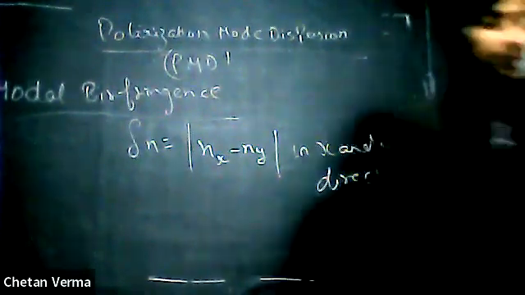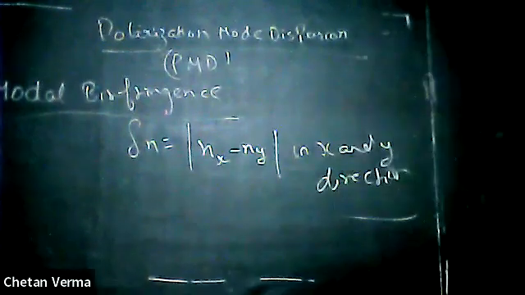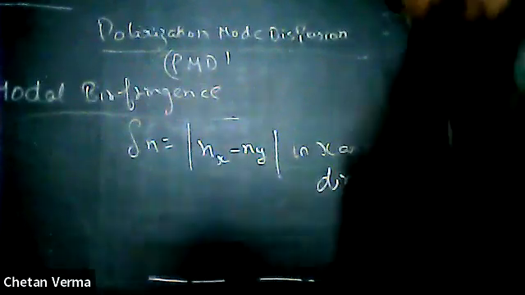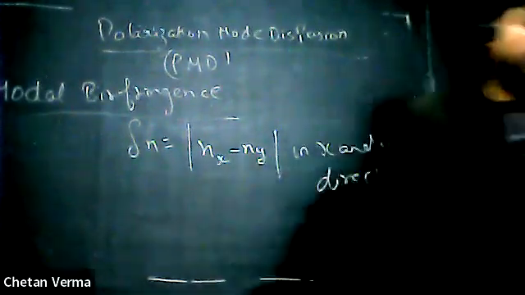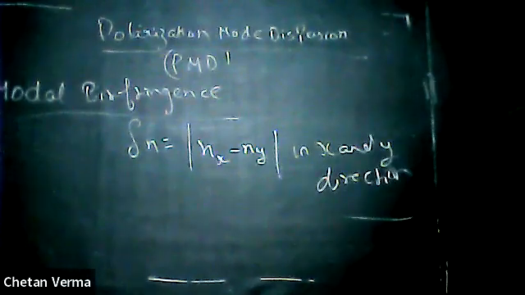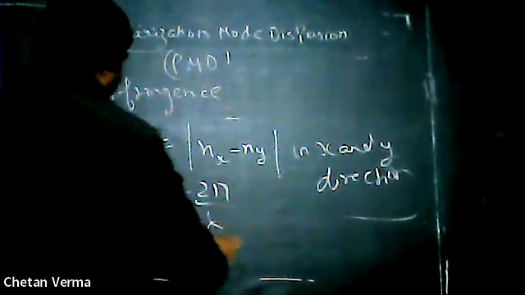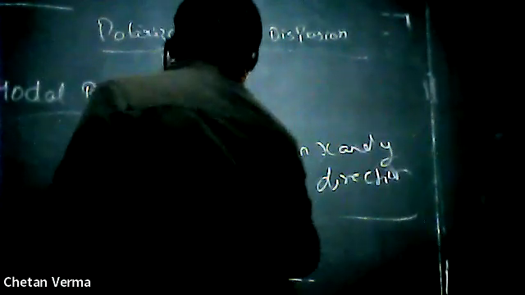In that moment I have to define one component, it should be equal to delta beta, which is a corresponding change in the propagation constant, defined as delta beta equals 2 pi by lambda into delta n.